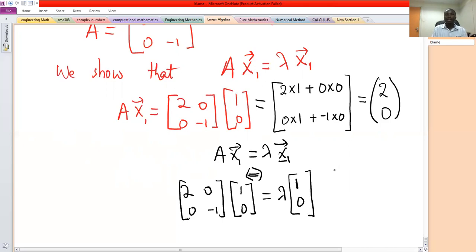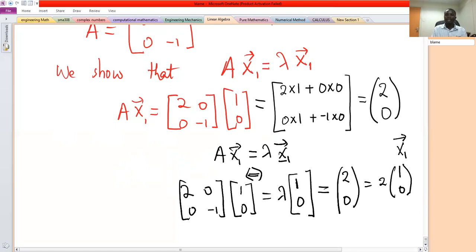Now, this is our result. It is the same as 2, 0. You see, if you factor out 2, then you'll have 1, 0. And this is the vector x1.